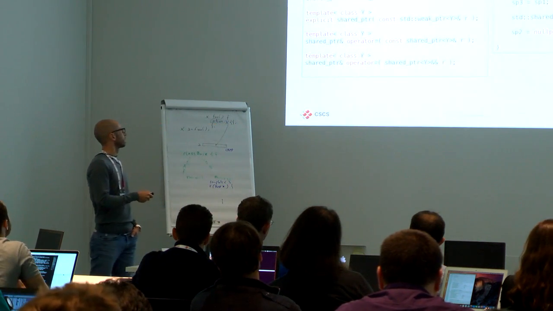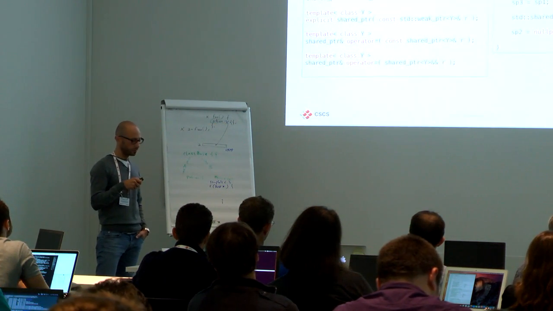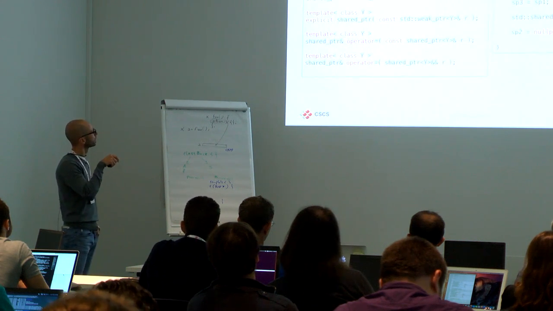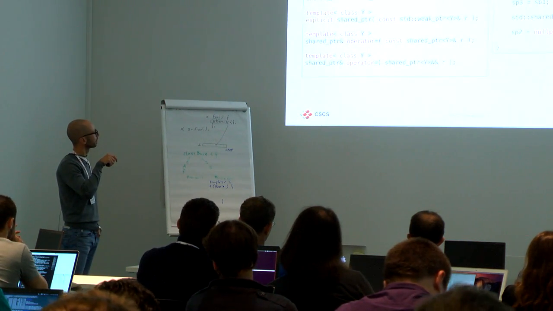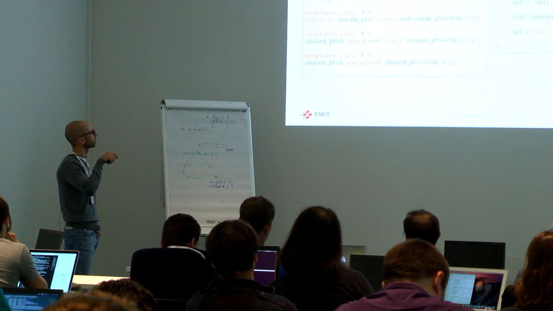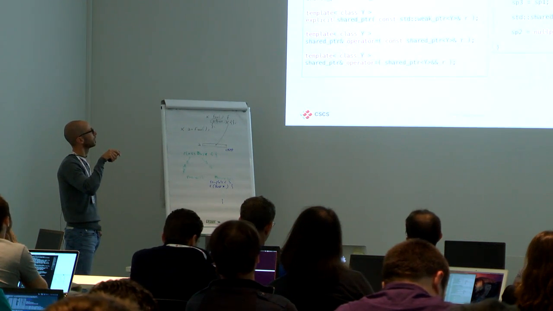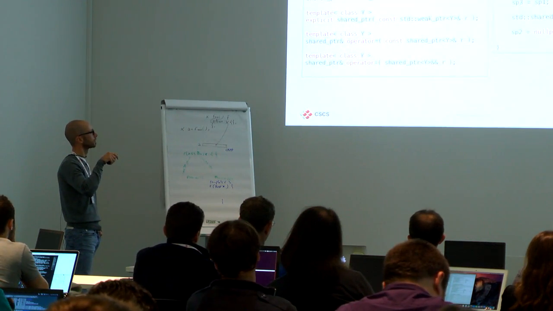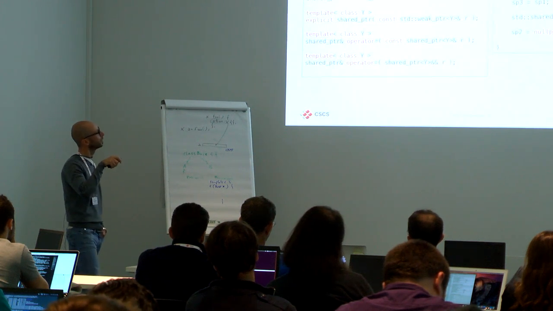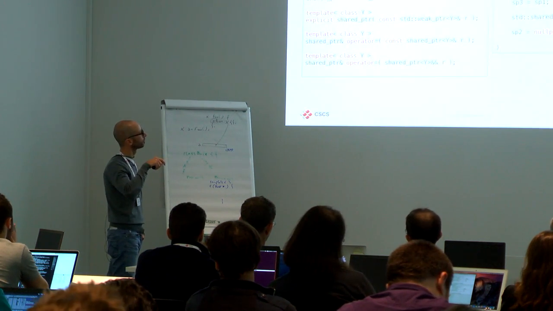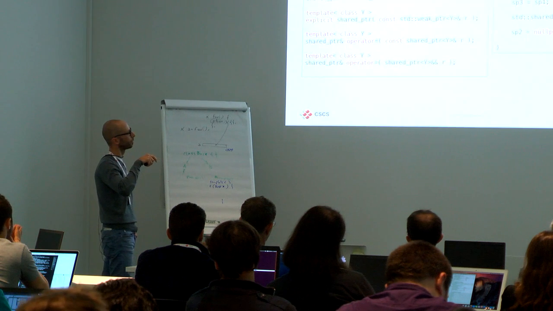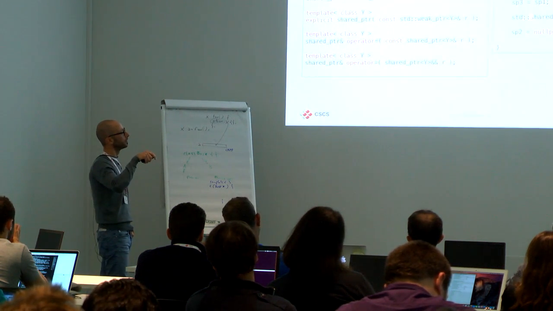So now I have some questions for you, but before the questions, I just want to show you, very quickly, the list of possible construction, assignment, and move operators that can be used with the shared pointer, just to show you which kind of constructor and assignment operator we were calling in this example.